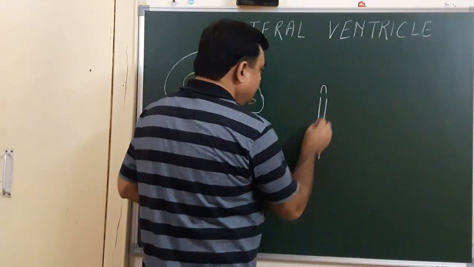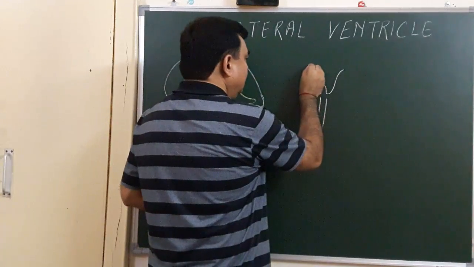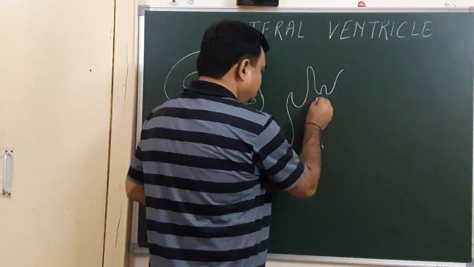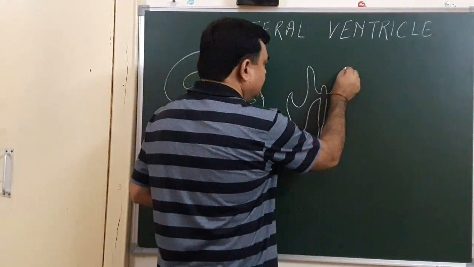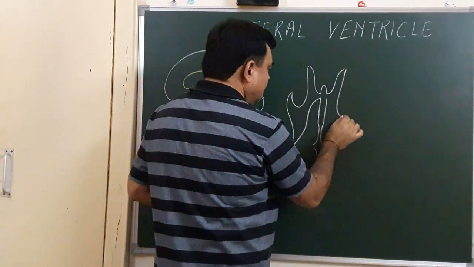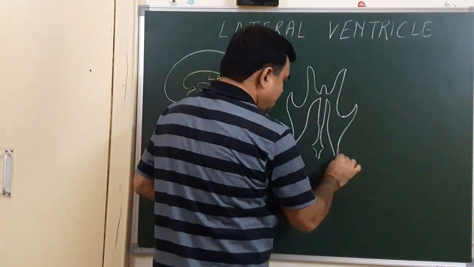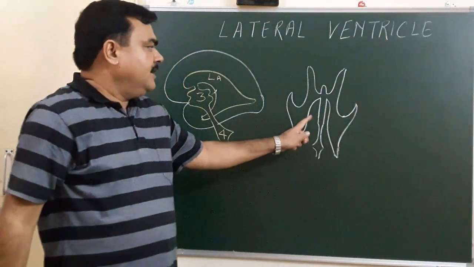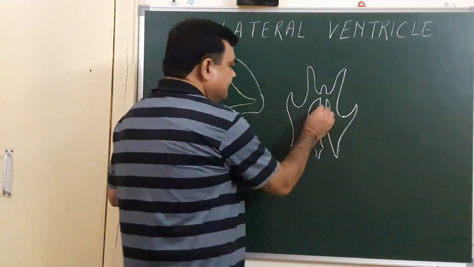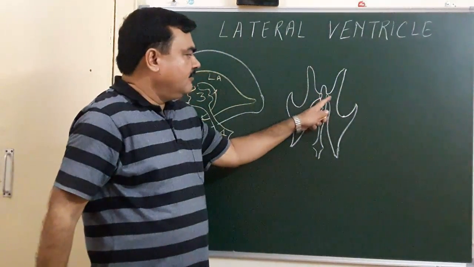This is another diagram of the ventricle. Here, from here to here, this is the third ventricle. This is the interventricular foramen. Here, interventricular foramen.